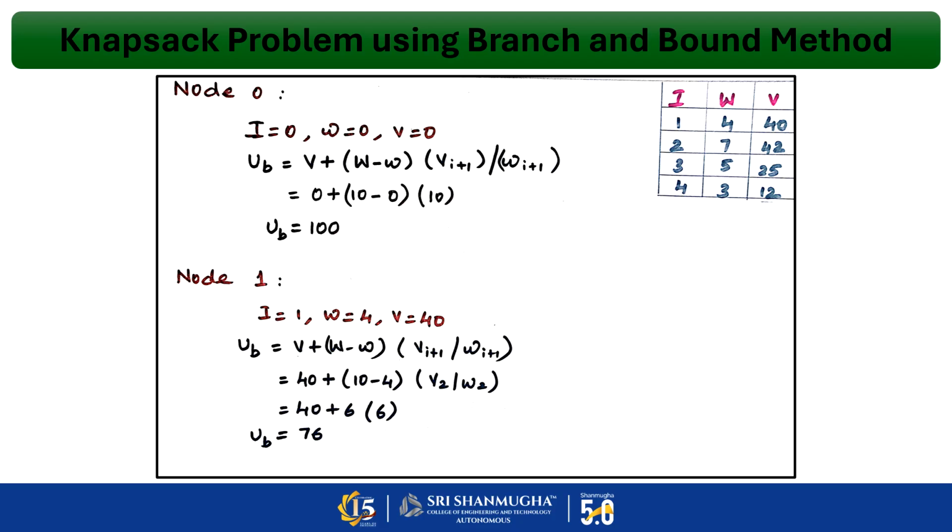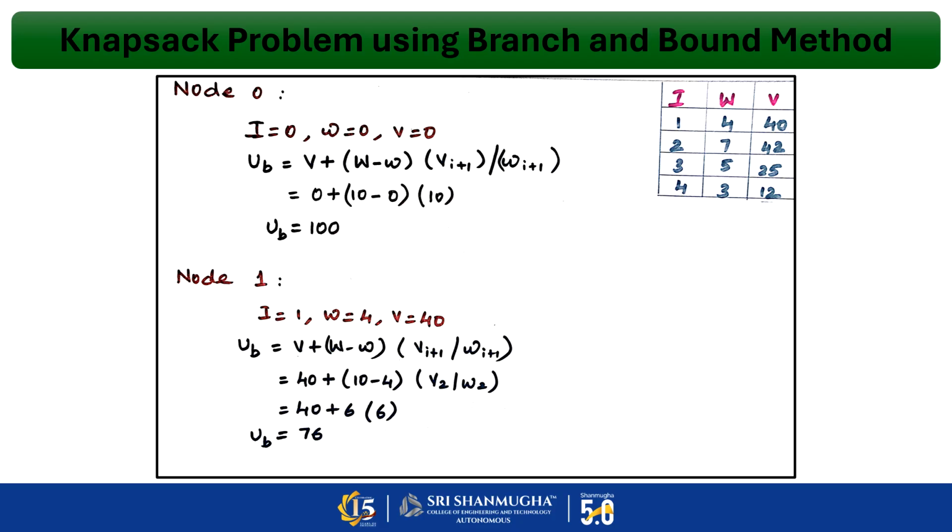So if you see the table, now for node 1, that is for item number 1, what is the corresponding weight? It is 4 and the value is 40. Now you have to substitute the same, that is 40 plus total weight 10 minus individual weight, which is 4, into V2 by W2. What is V2?